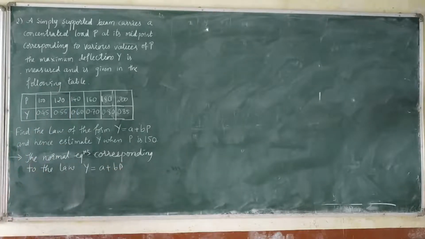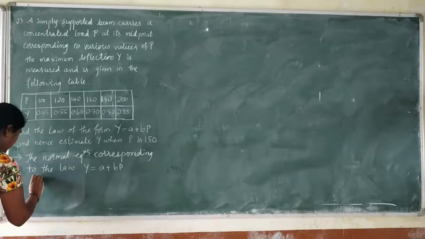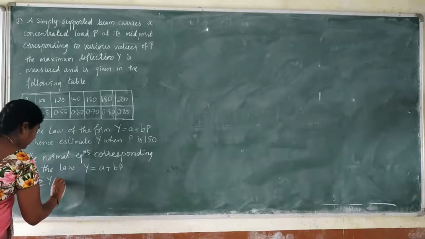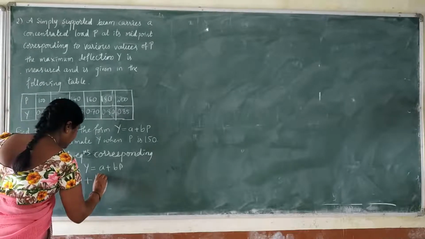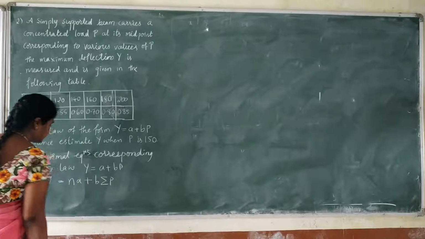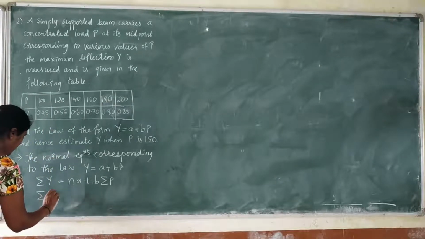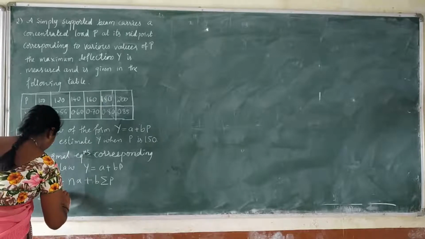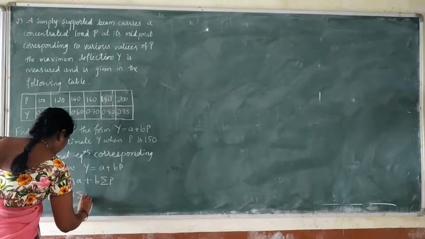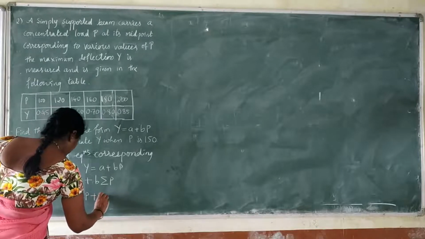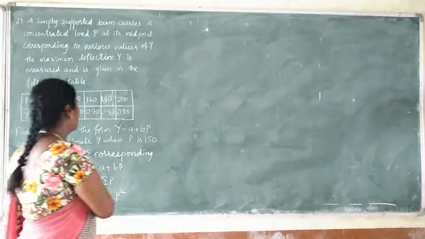The normal equations corresponding to this law are given by: summation of Y equals n a plus b into summation of P. Similarly, summation of PY equals a into summation of P plus b into summation of P square. These are the normal equations.